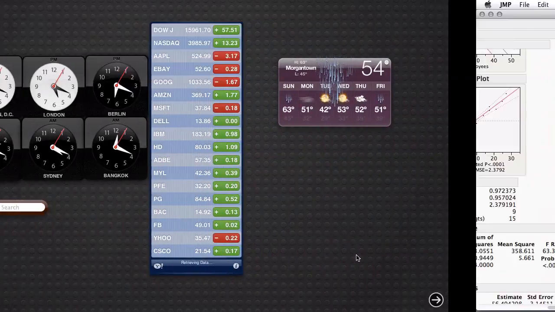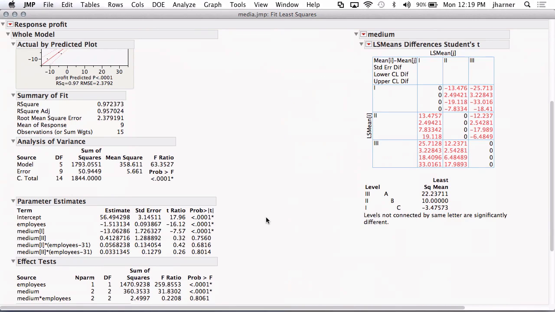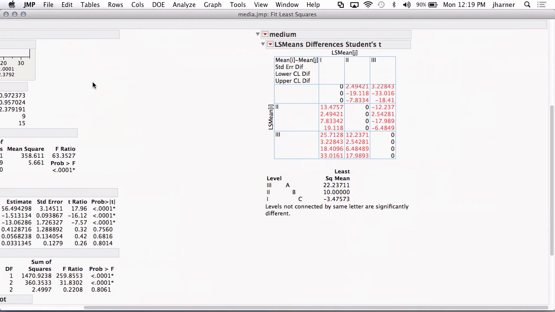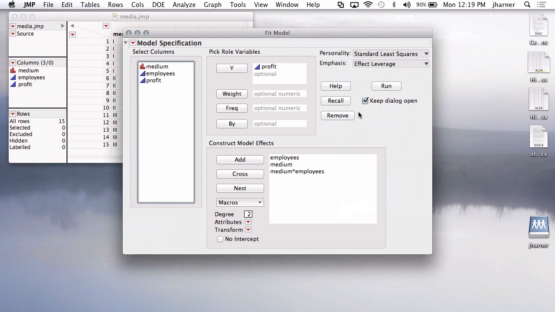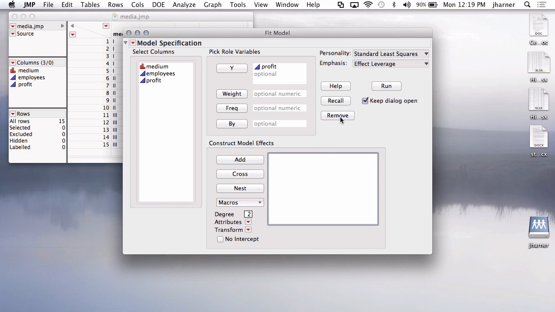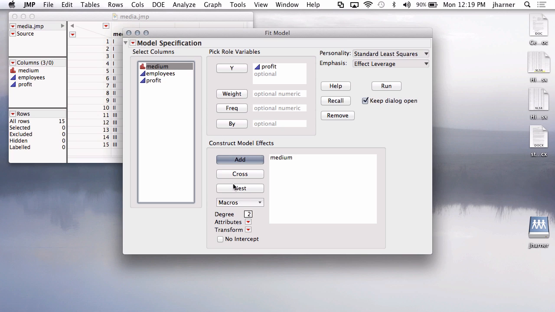If you wanted to fit the other model, where I had employees within median, then I could remove each of these. And I still have profit here. Then I could have median, plus, and add this.